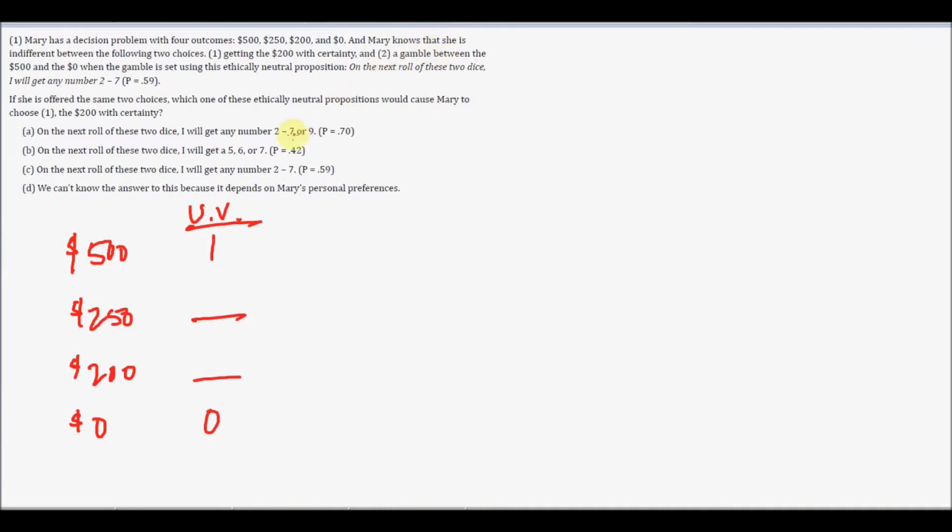Mary knows that she's indifferent between the following two choices. One, getting $200 with certainty, and we'll say with certainty, probability equals 1, or two, a gamble between the $500 and the 0.